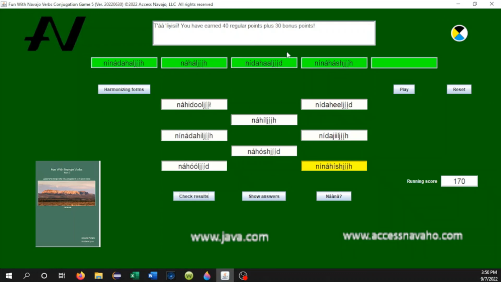Now, remember that for a certain number of verbs, harmonization is optional. People don't have to harmonize, but I think people who do really speak a beautiful Navajo, and it's one of those incredibly interesting details in the language that never cease to fascinate me.